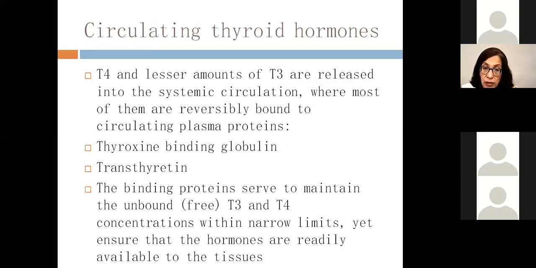The work of the circulating proteins is to keep these thyroid hormones readily available to the tissues. Okay? But also they keep the unbound or the free hormones in concentration within narrow limits.